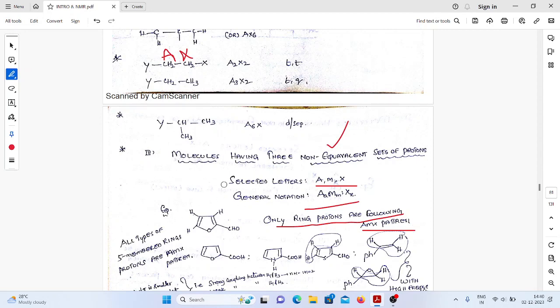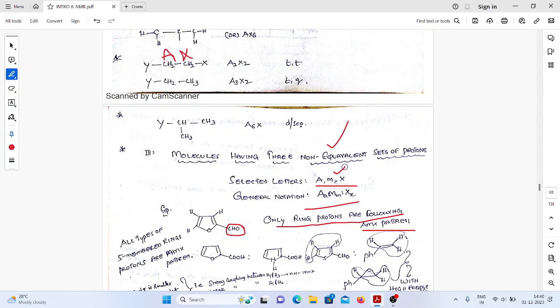Okay, if you see this example, this aldehyde proton is chemically non-equivalent. There is no relation. It will give a separate signal. But if you consider the ring, you have three different protons, right? These three are chemically non-equivalent. That's why these three protons will be considered in a system called the AMX system.